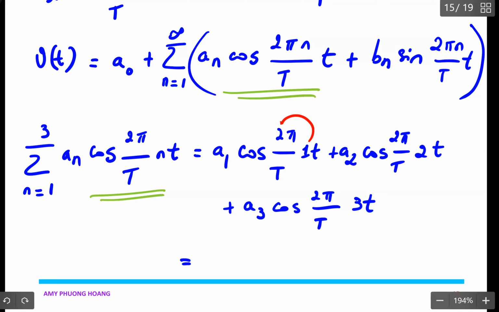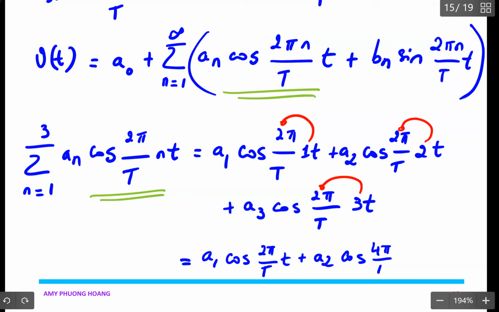So I will have a1 times cos of 2 pi t over T, then a2 times cos of 4 pi t over T, then a3 times cos of 6 pi t over T.